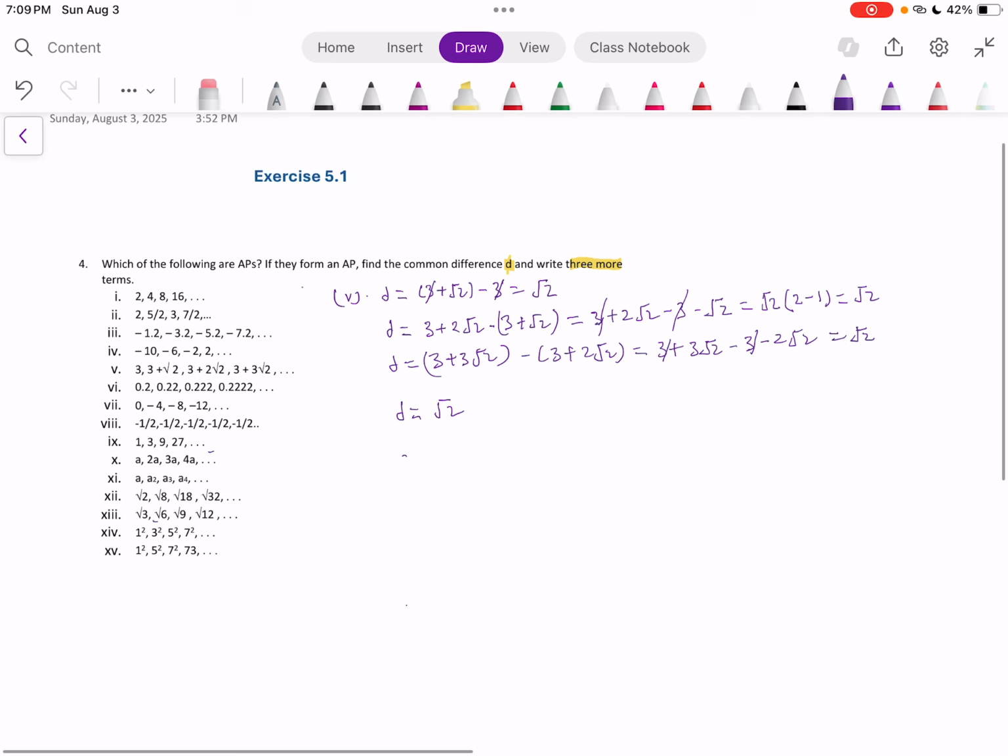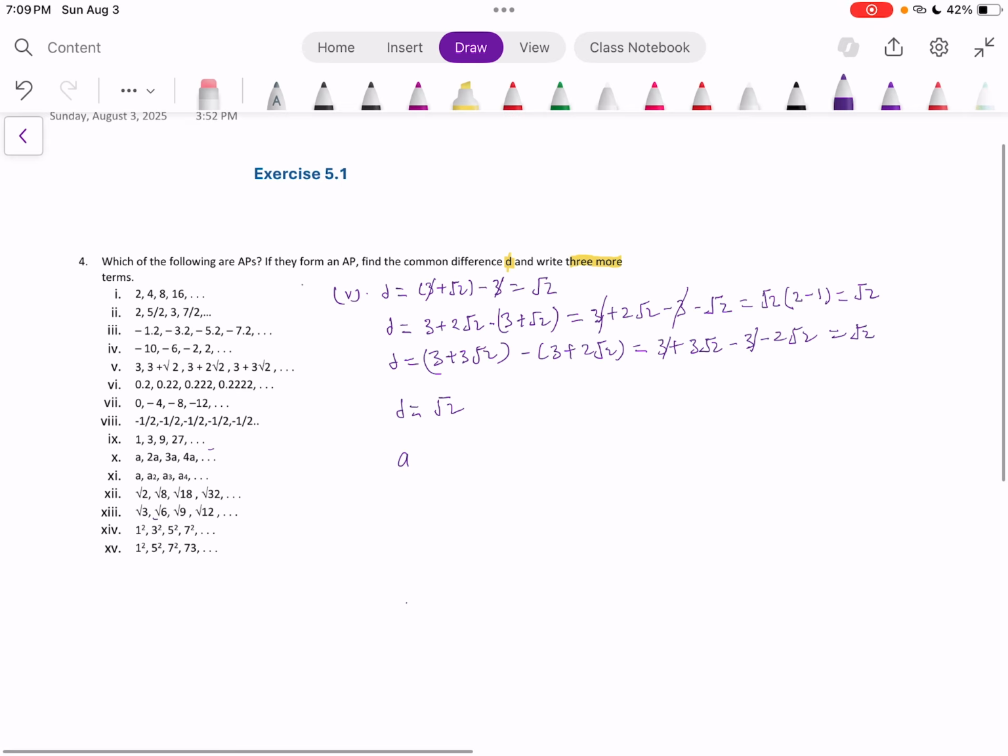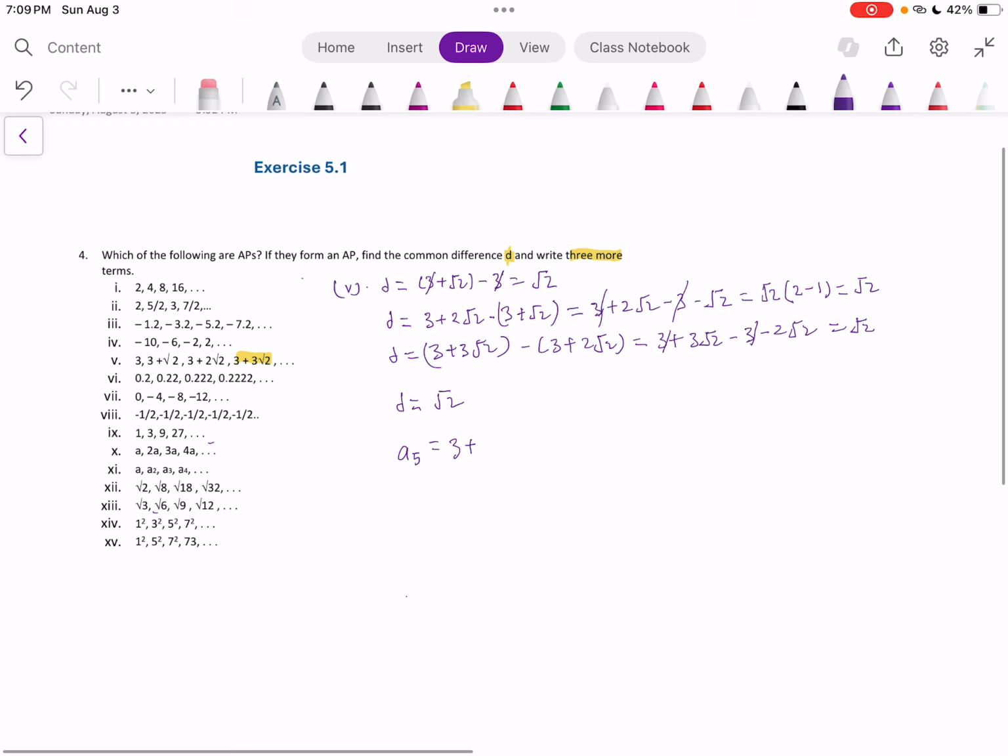And for the next 3 terms, so far we have 1, 2, 3, 4. So the 5th term is going to be the 4th term, which is 3 plus 3 times square root of 2, plus square root of 2. It's going to be 3 plus 4 times square root of 2.